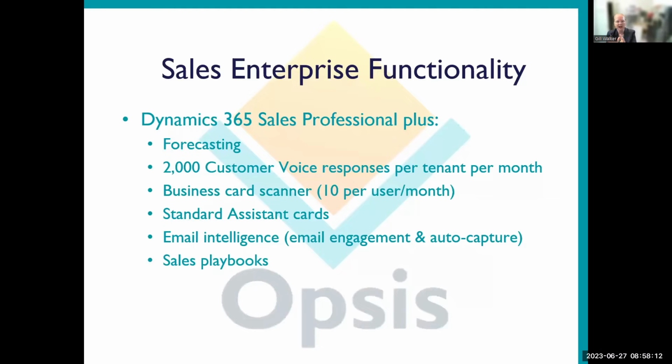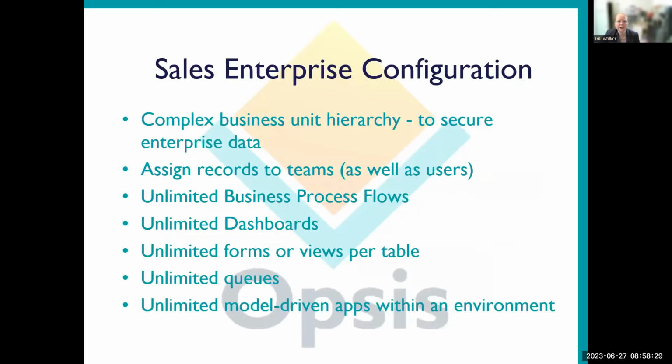Regardless, they guide you through the sales process at a higher level of detail than the business process flow. As you might expect, we also get a lot more configuration ability. So within the limits of the technology itself, we now get pretty much unlimited configuration.